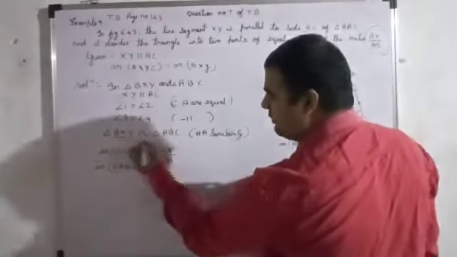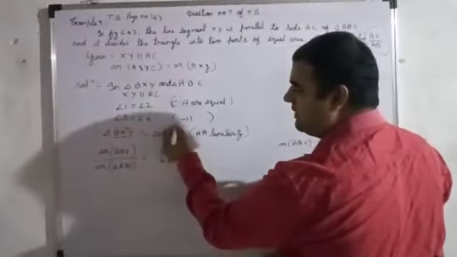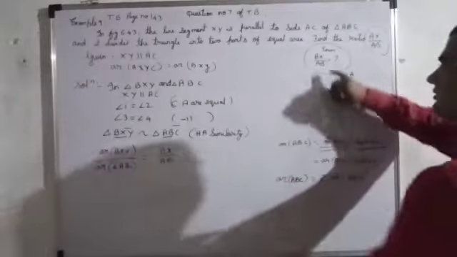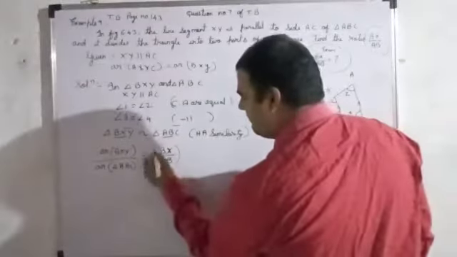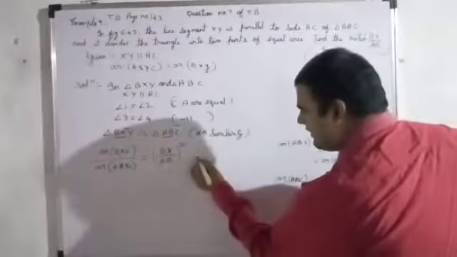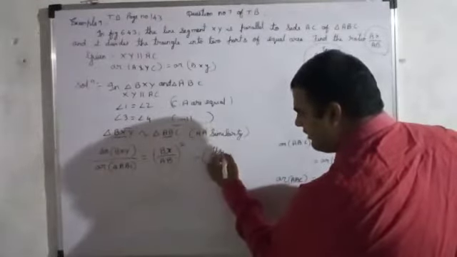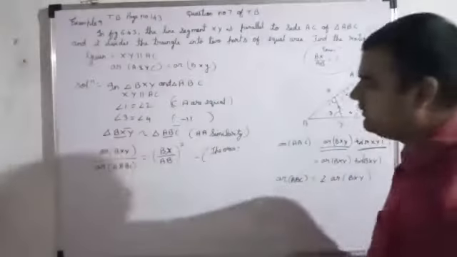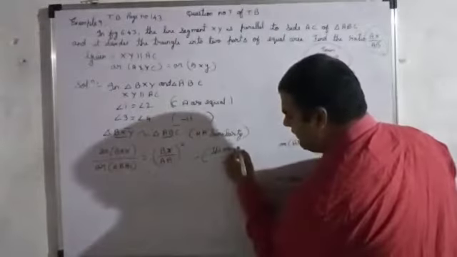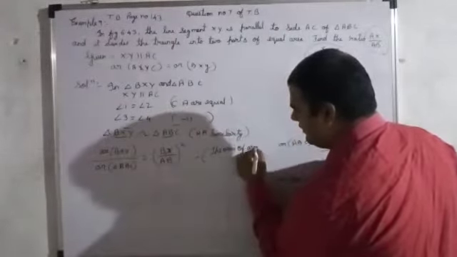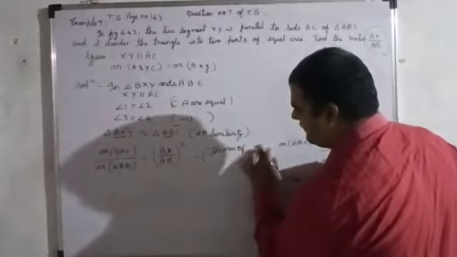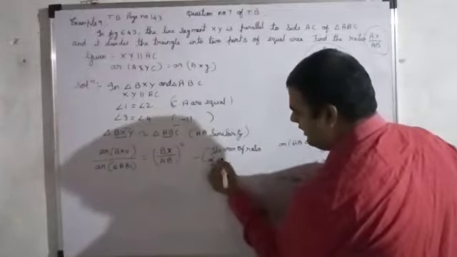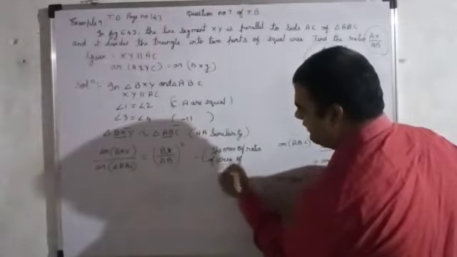You can write BX upon AB, XY upon BC, BY upon AC, but actually you want BX upon AB, so we will take that only. This is theorem 6.6, the theorem of ratios of areas of similar triangles.